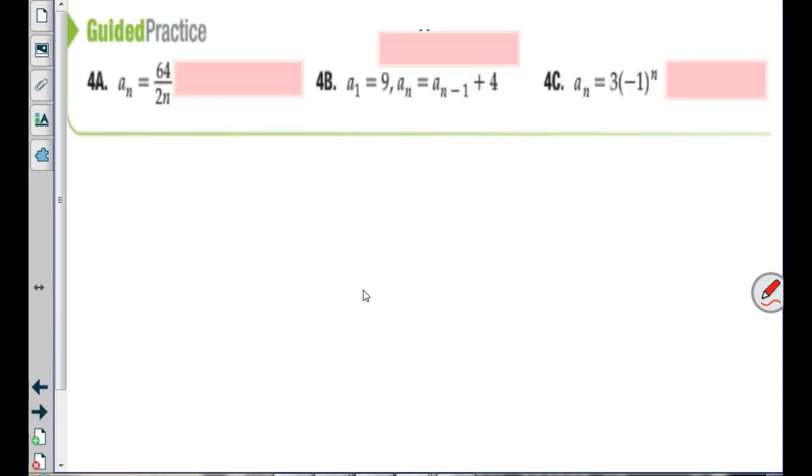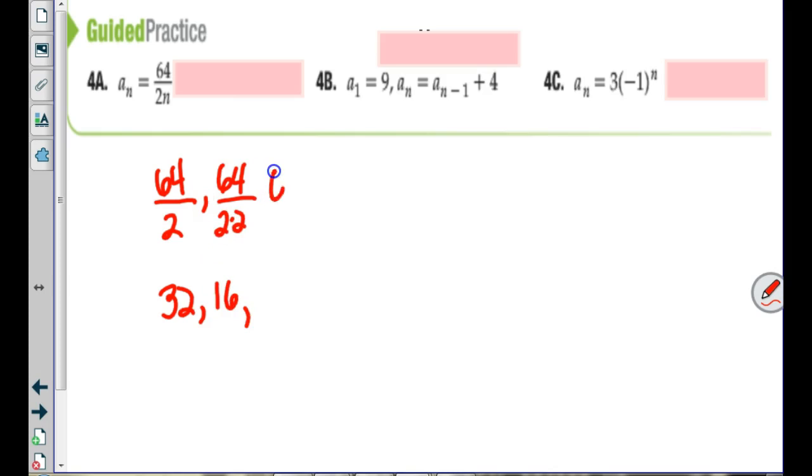Okay, can we logic through this without graphing? If we need to, we can graph, but what's happening here? 64 divided by 2 one time would be 32. The next term would be 64 divided by 2 times 2, or 4, which would be 16.